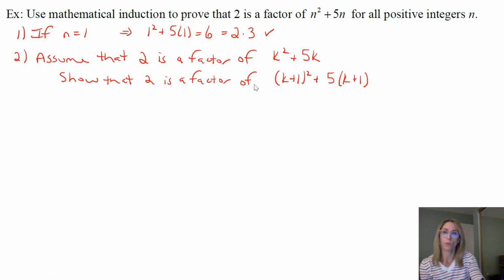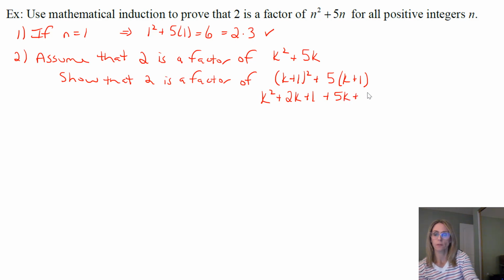So a couple things that we need to do. We're going to multiply it out and combine like terms. You're welcome to pause if you want to do that, and then come back once you've done that. We'll have k squared plus 2k plus 1 plus 5k plus 5. Now this is where that assumption that we made, that 2 is a factor of k squared plus 5k, comes into play. Because what we need to do is separate those things out.